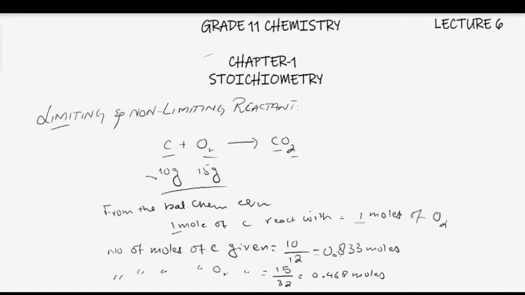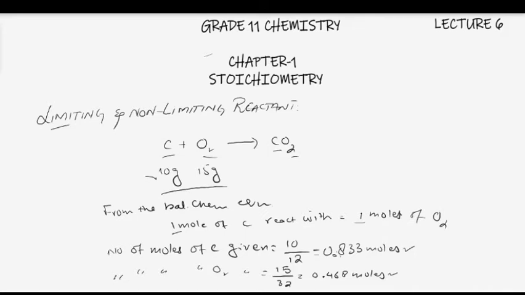So for 0.83 moles of carbon, we would need 0.83 moles of oxygen. Or you can say that for 0.468 moles of oxygen, we would need 0.468 moles of carbon according to the molar ratios from the balanced chemical equation.